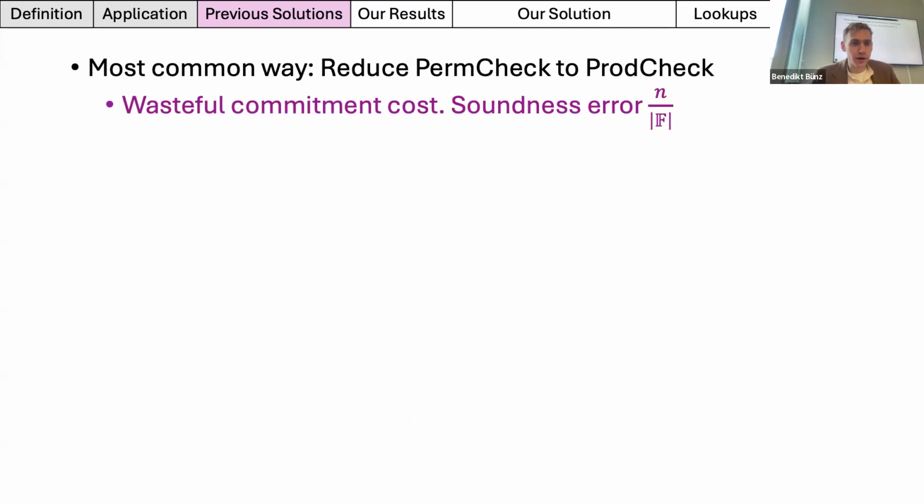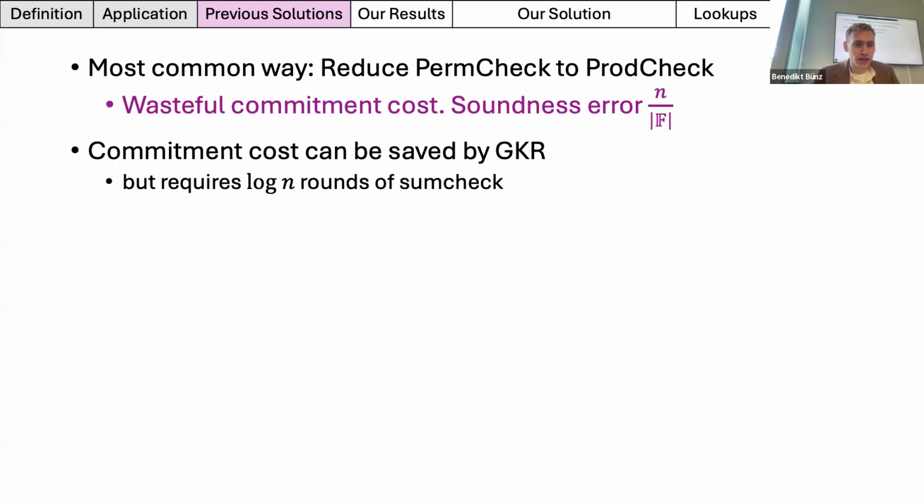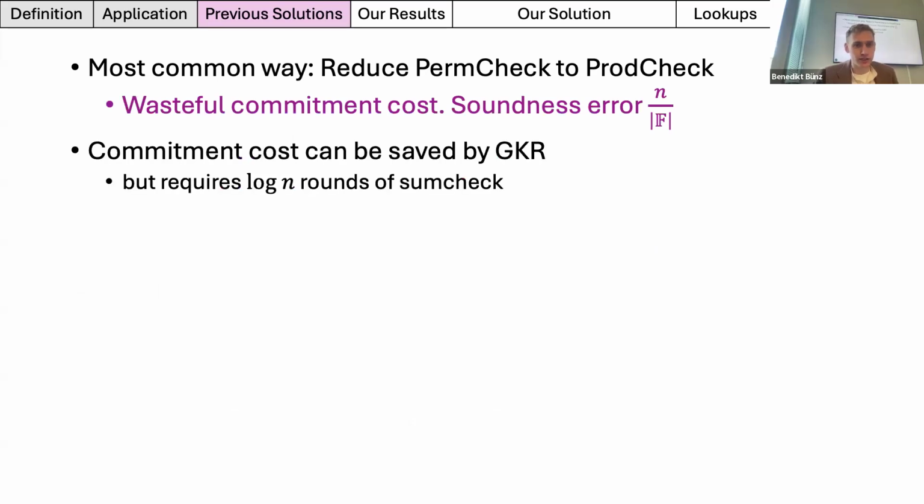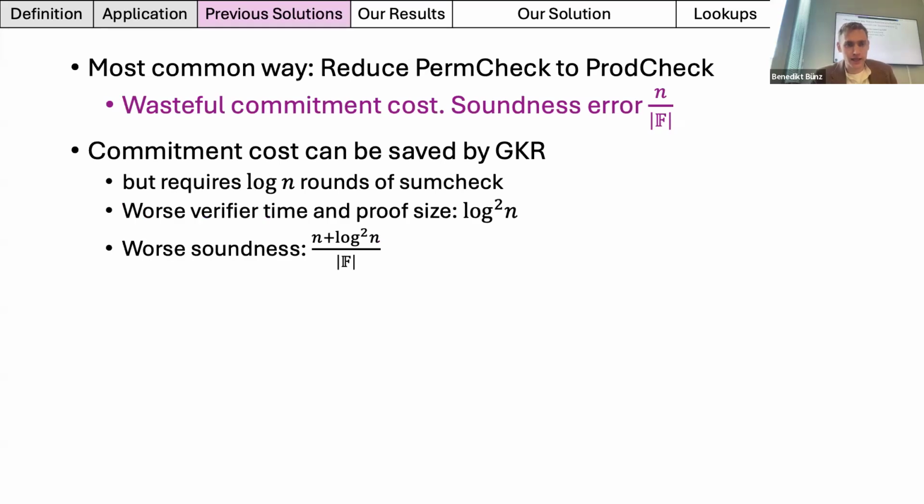Okay, there's one way to get around this, which is to use a protocol called GKR. Essentially I implement the product check using this. Have people heard of GKR? It's a relatively old proof protocol.